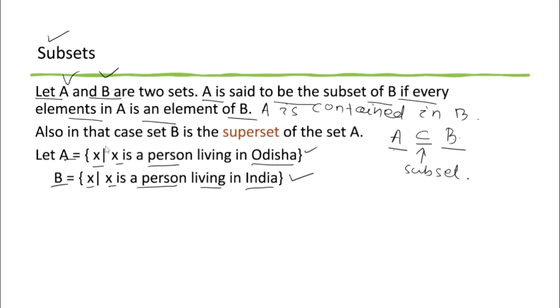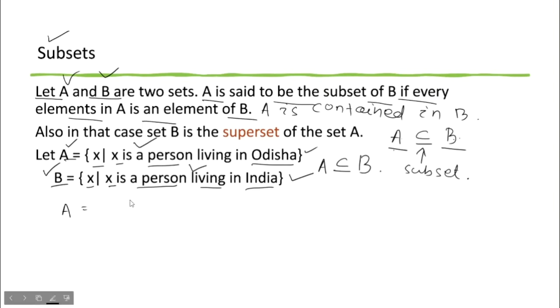That means if I pick any element in set A, that element will also be an element of set B. So in this case, A is a subset of set B.